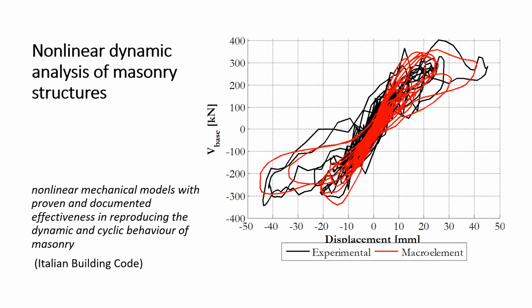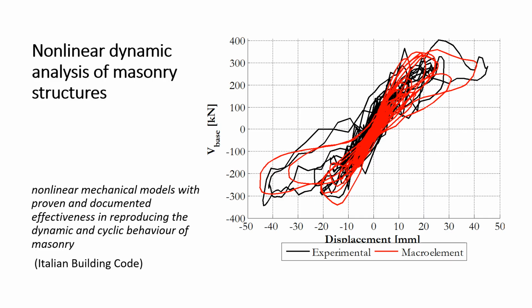And then the model, because normally the codes, for instance the Italian building code, require that, for performing nonlinear dynamic analysis of masonry structures, you need a nonlinear mechanical model with proven and documented effectiveness in reproducing the dynamic and cyclic behavior of masonry.